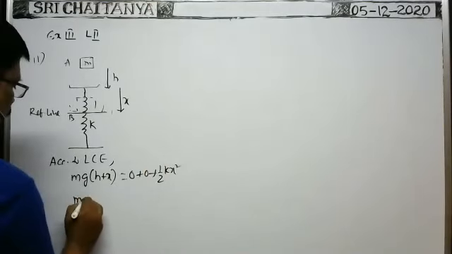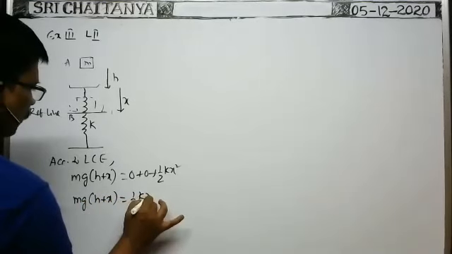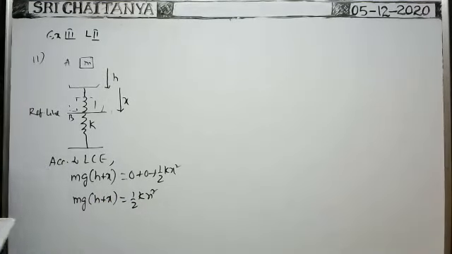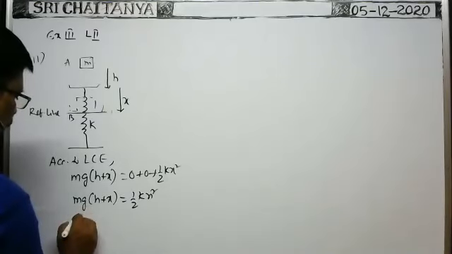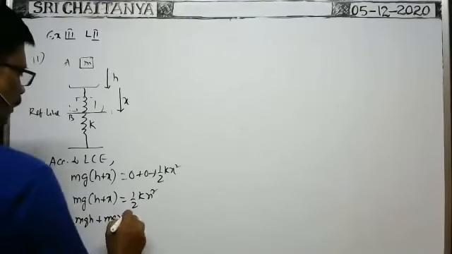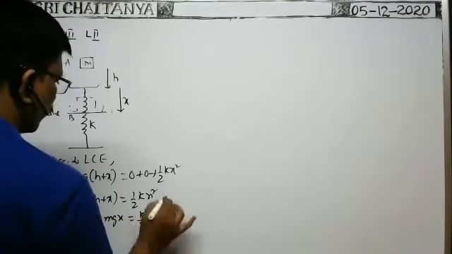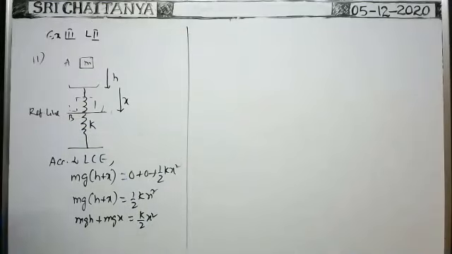Therefore, mg into h plus x is equal to half k into x square. So mg h plus mg x is equal to k by 2 into x square. From this, we have to write the roots of x.